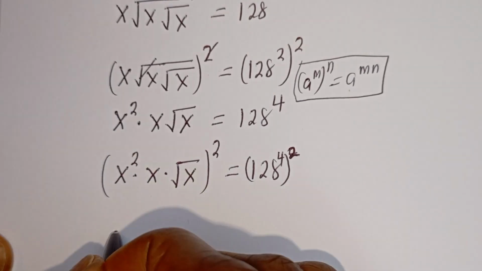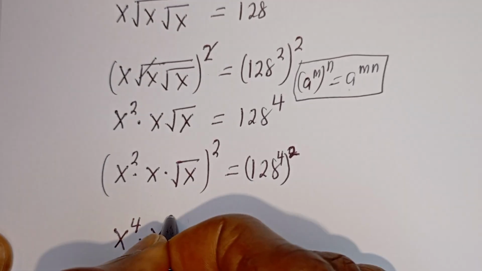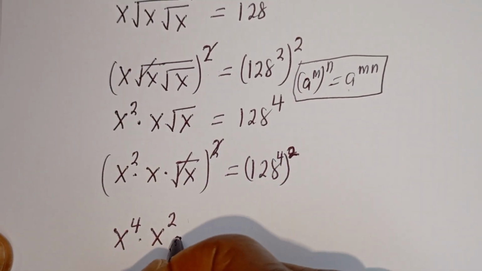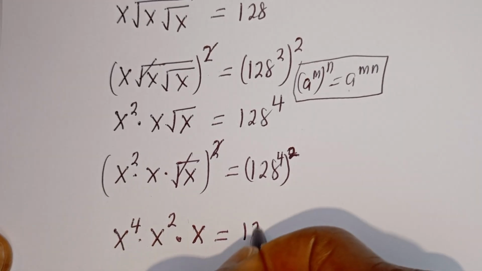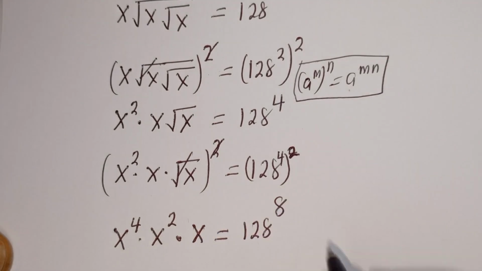And this is s to the power of 4 multiplied by s squared. This will cancel this. Multiply by x is equal to 128 to the power of 4 times 2, that is 8.